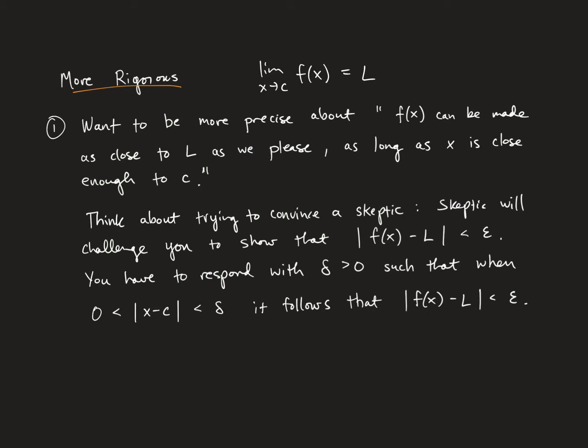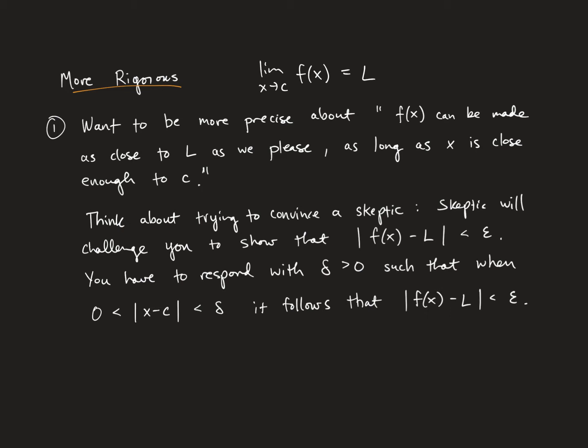And as with limits of sequences, it's useful to frame this as trying to convince a skeptic. Somebody who's skeptical of this claim that you can make f of x as close to L as you please is going to want to be very rigorous, and they'll say, well, I bet you can't make f of x within epsilon of L, for whatever their favorite epsilon is. It might be 1 over 10, or 1 over 1,000, or 1 over 11 million.